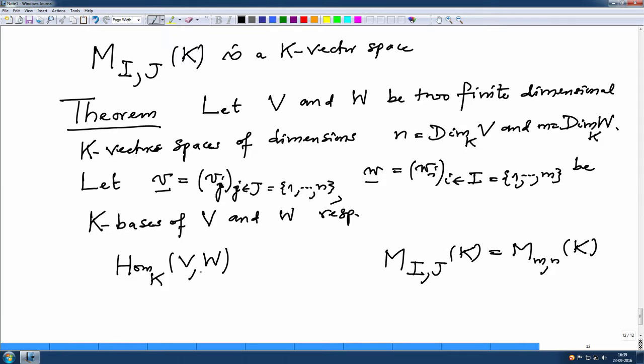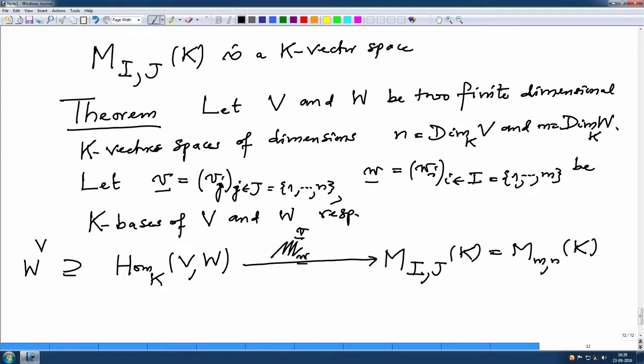This is actually a subspace of a very big space, W power V. So we have this subspace, we have this vector space, and we have a map here. This map is M_{V,W}. What is the map? Let us write explicitly.